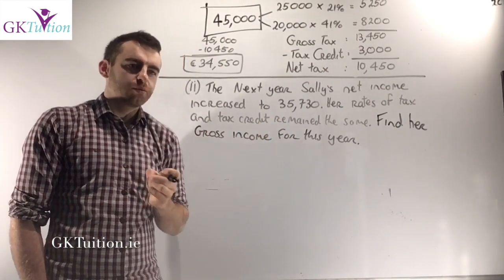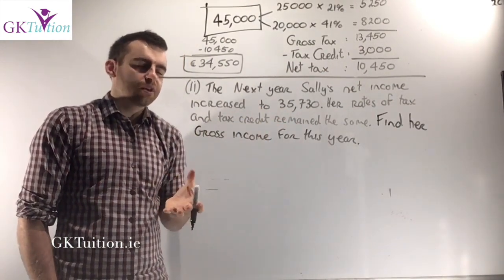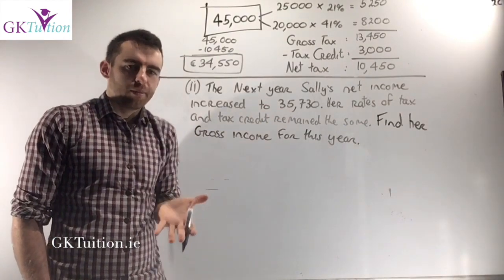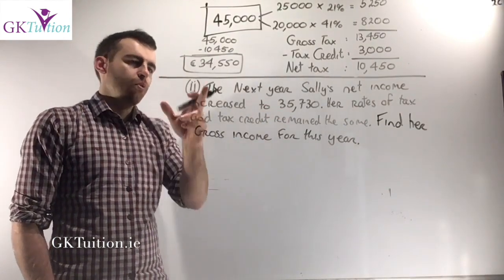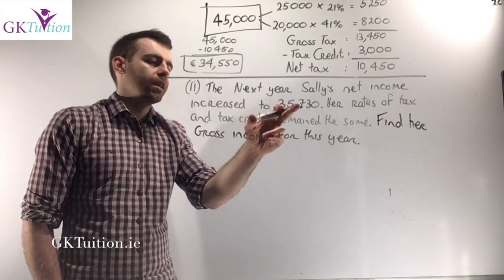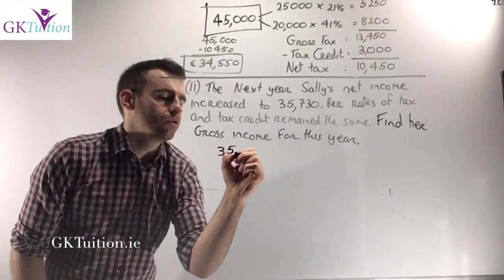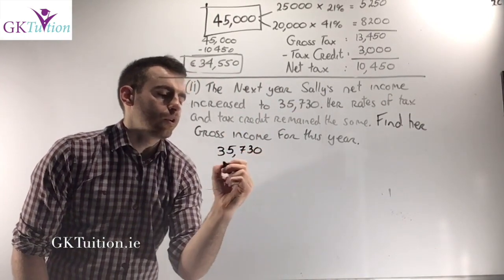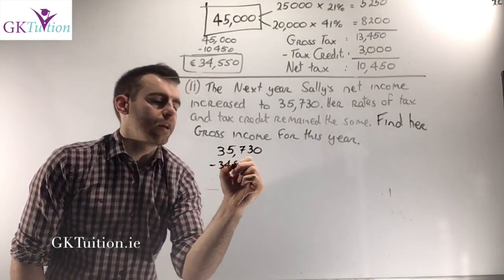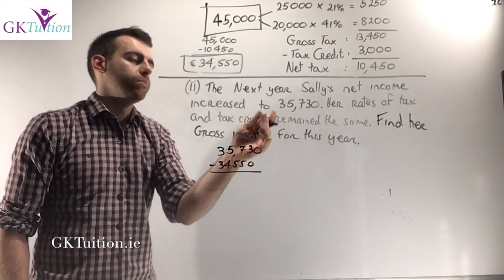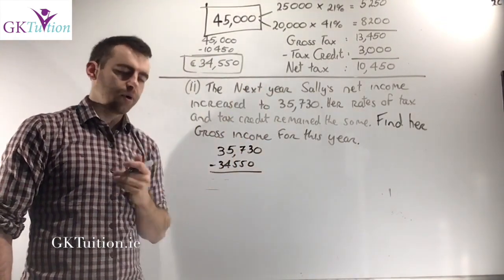So the first thing that we should do is work out how much her net income has increased by. It was 34,550 and it's now this figure. So to work out how much her net income has increased by, we just subtract the two figures. We just take 34,550 from what we were given in part 2.